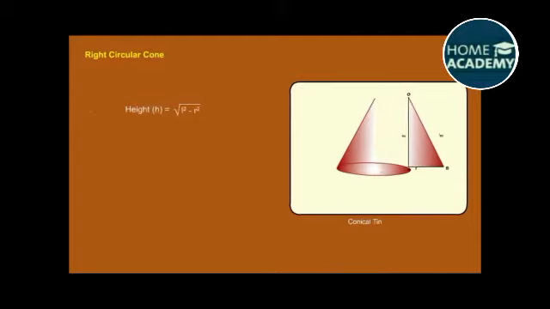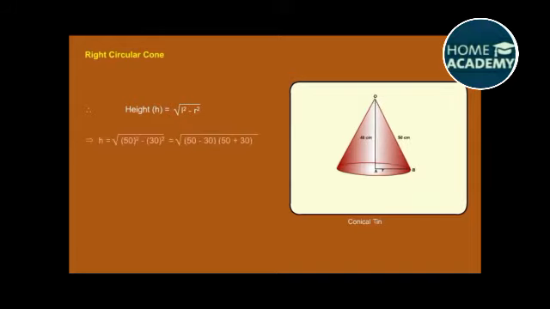Therefore, height h is equal to under root L squared minus R squared. Implies that h is equal to whole under root 50 squared minus 30 squared, is equal to whole under root 50 minus 30, 50 plus 30.